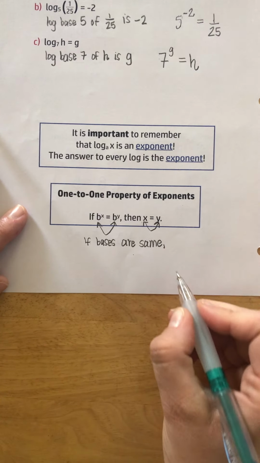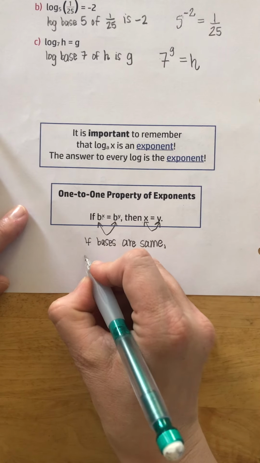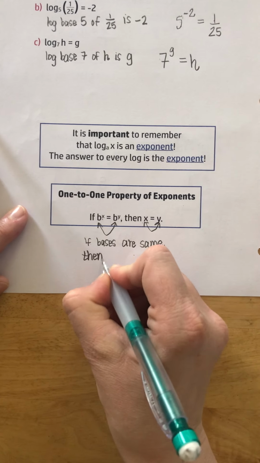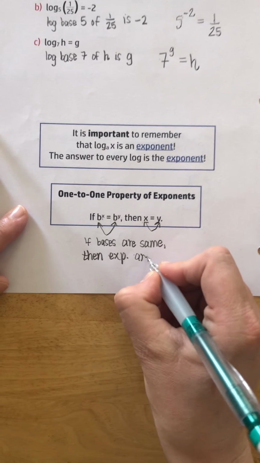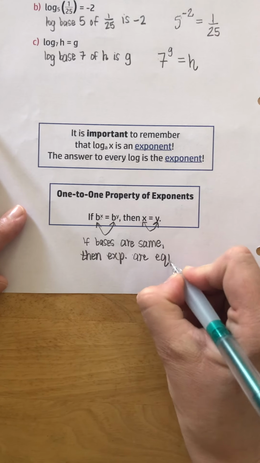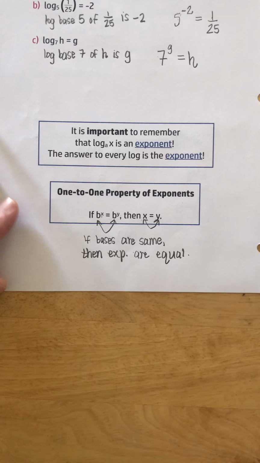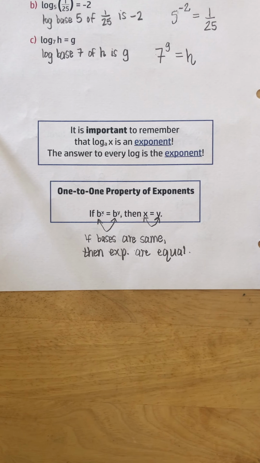Those were the exponents. Then exponents are equal. So if you have the bases on each side the same, then that means the exponents on each side are also going to be equal to each other.